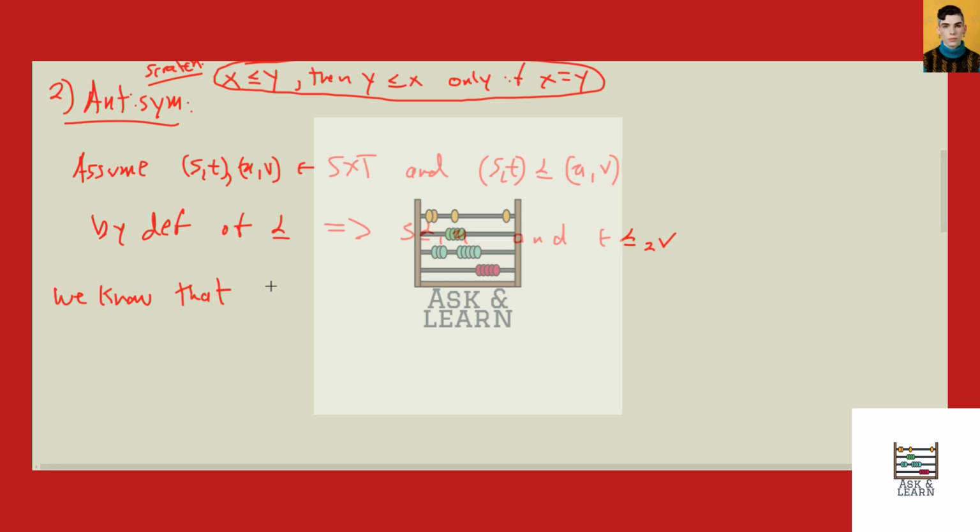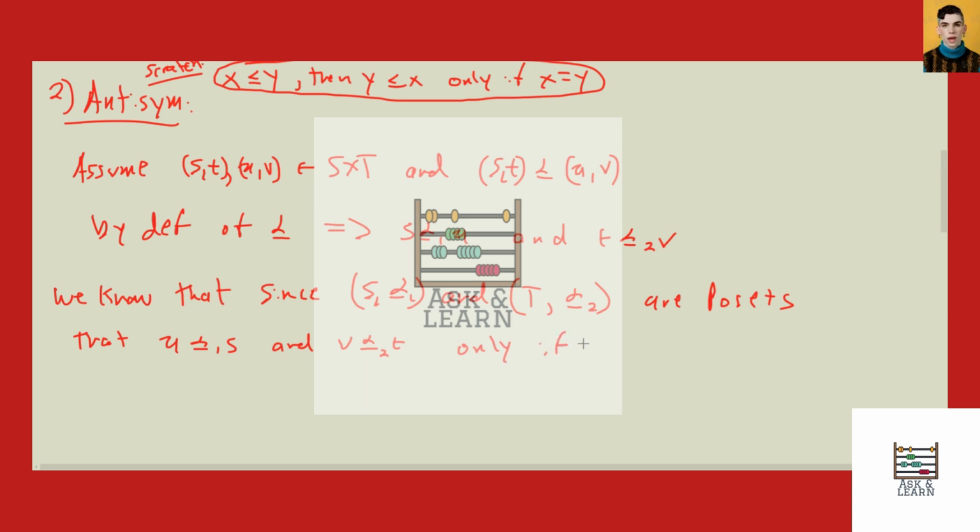So we know, since S with the first ordering and T with that second ordering are posets, that u less than or equal to s and v less than or equal to t with that second ordering only if u is equal to s and v is equal to t.